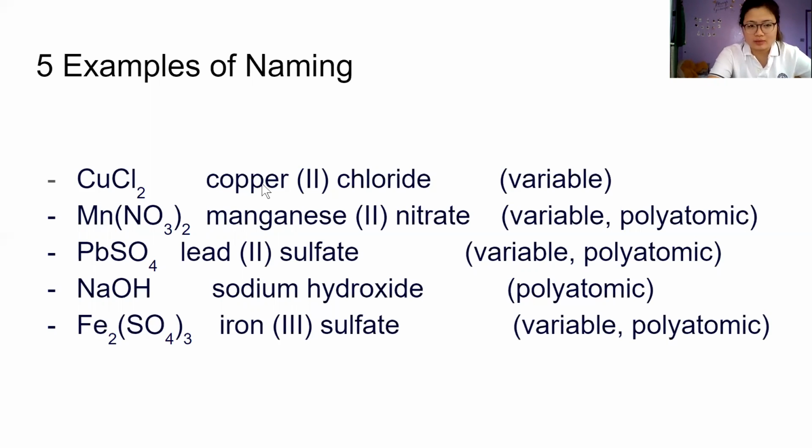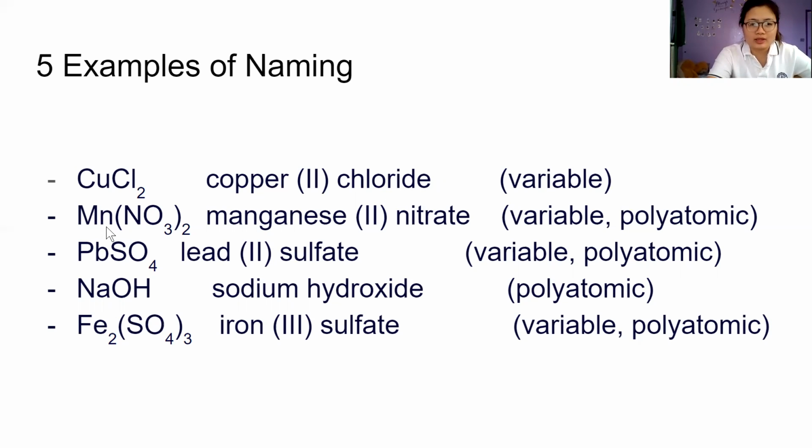So the name is copper 2, with the Roman numeral in parentheses, and then chloride. Cu has a variable charge, and then for chloride at the end we add IDE.